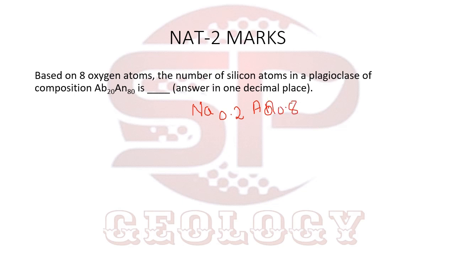So we have to calculate the number of silicon atoms. We also have Al here, and O8.